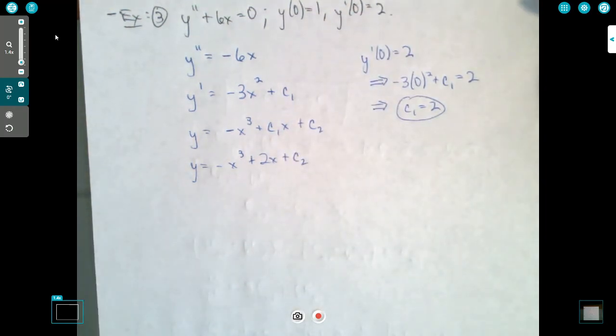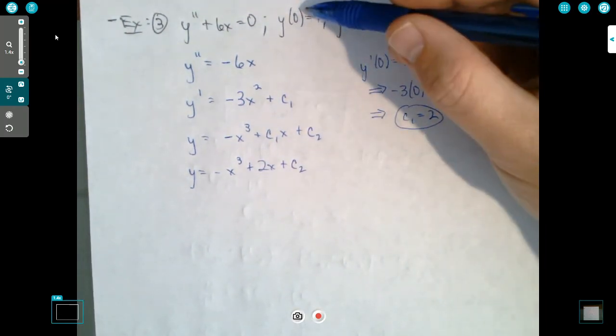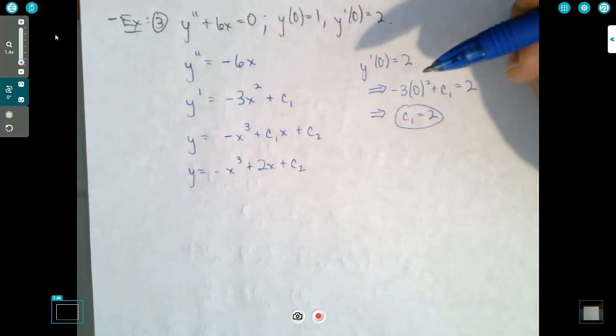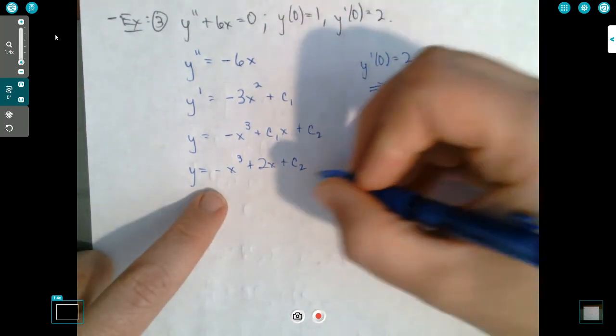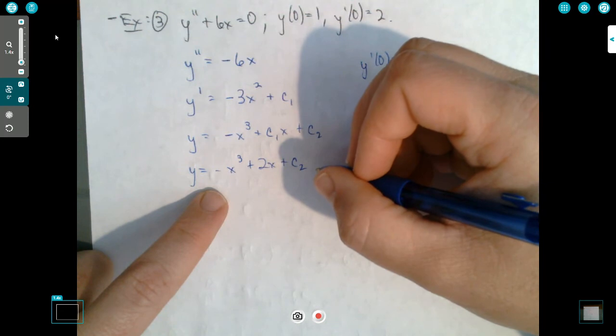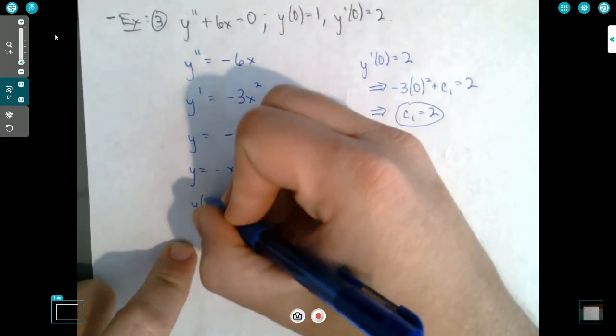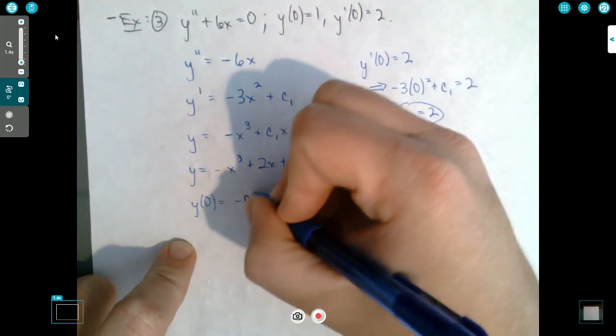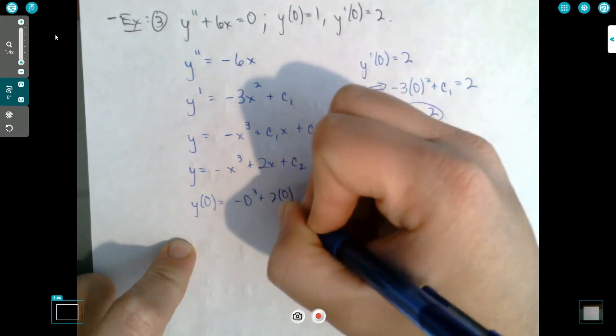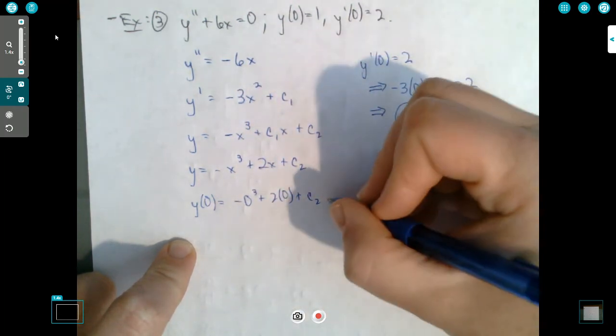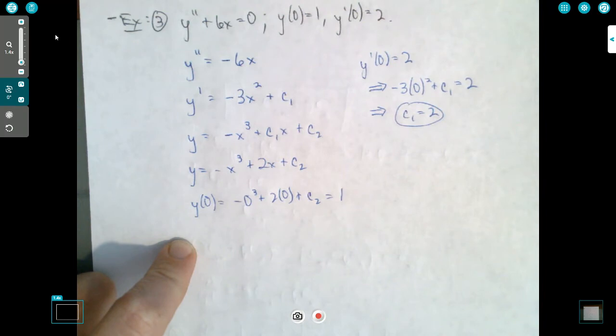Now to solve for C2, I use this first one, right? y of 0 equals 1. So y of 0 equals negative 0 cubed plus 2 times 0 plus C2, and that has to equal 1.